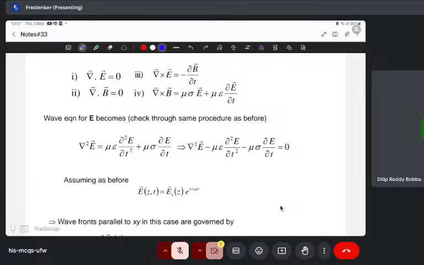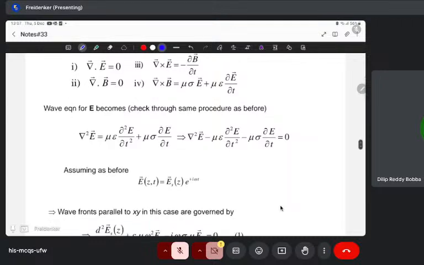So initially we only had this one. Now we also have this extra term. Now it's a second order differential equation. You have dou square E by dou t square and dou E by dou t. Interesting.